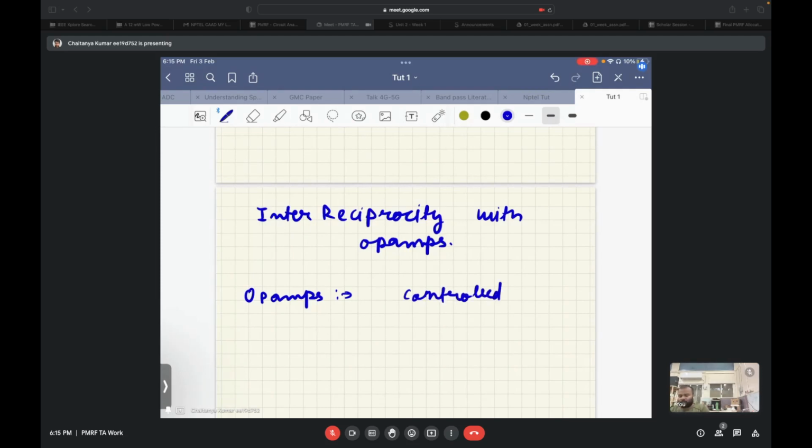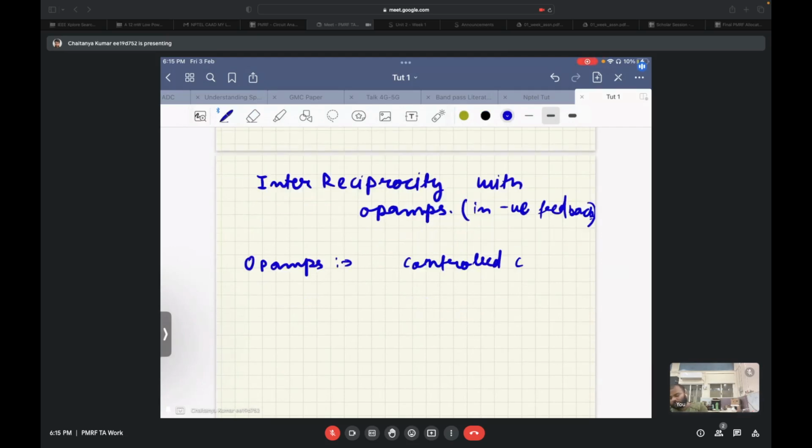Or better, I should say inter-reciprocity with op amps in negative feedback. So op amps are a controlled source, and the other thing is they have very high gain.